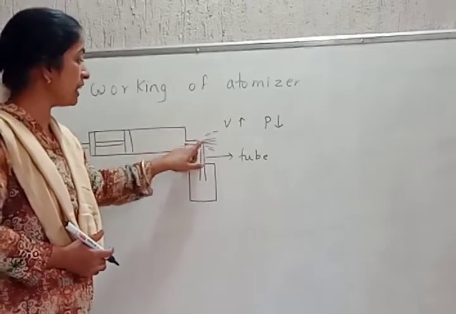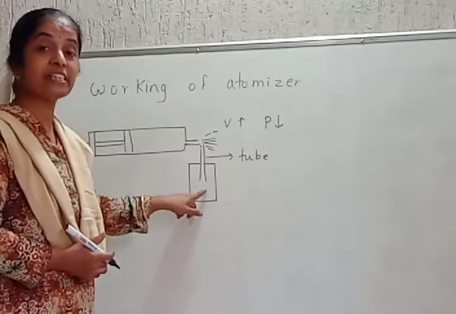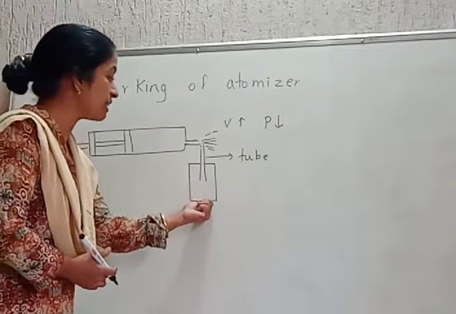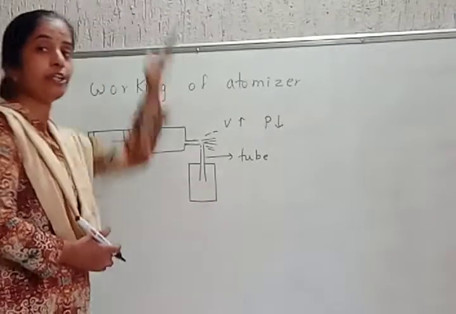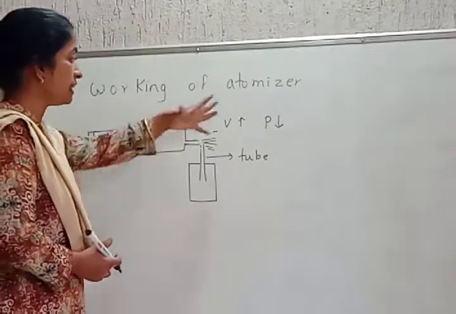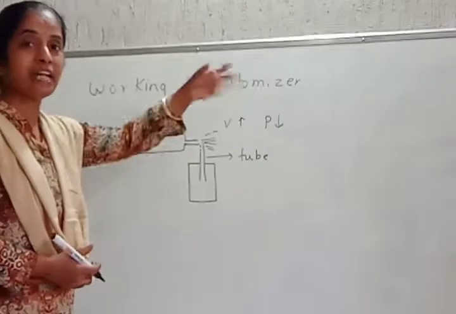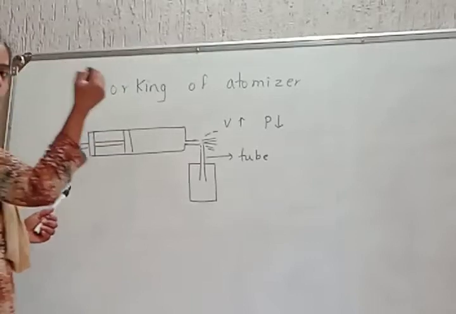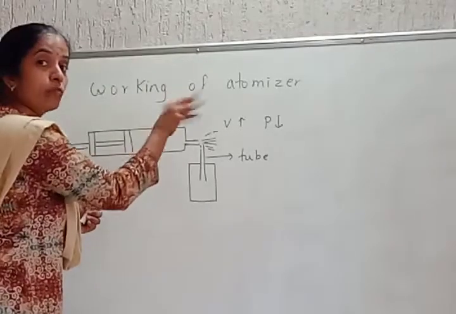Since the air pressure is less, more pressure is created at the bottom of the tube, and that more pressure makes the liquid come out of the tube with high force, and that is how the fine liquid droplets are sprayed along with air.